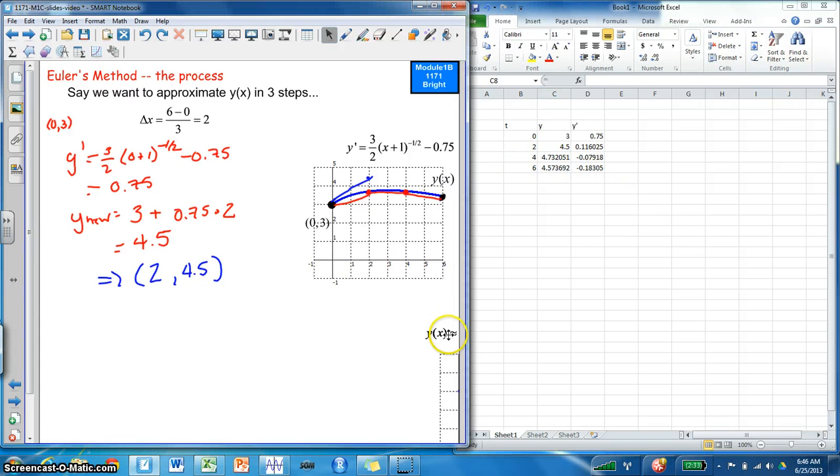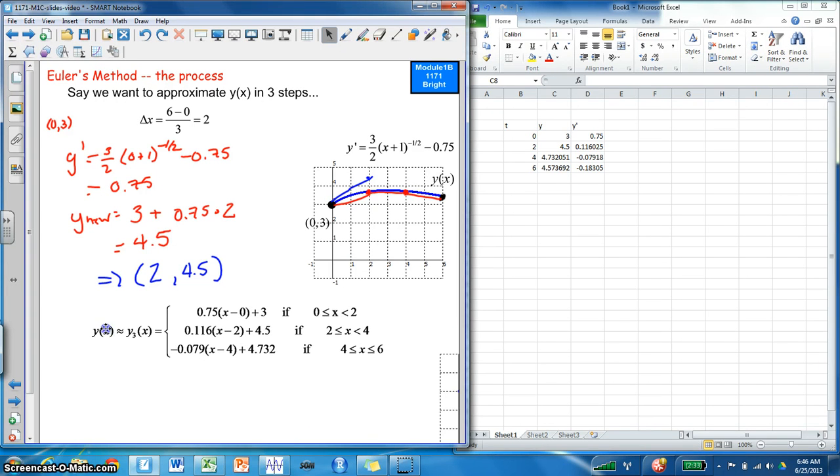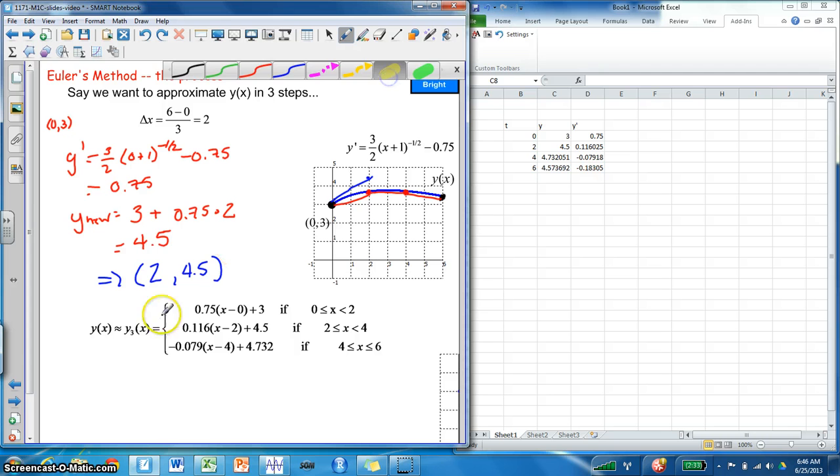Now, with this, I can now form the piecewise linear function. Okay, here I do want to make some connections. All right, I want to specifically highlight the slopes, and I want to identify these points.